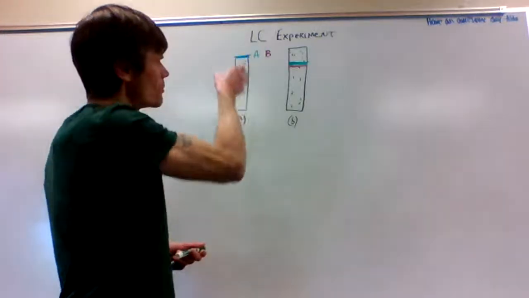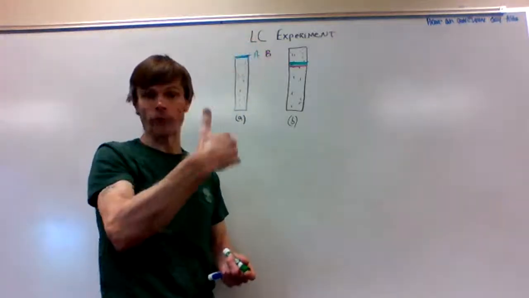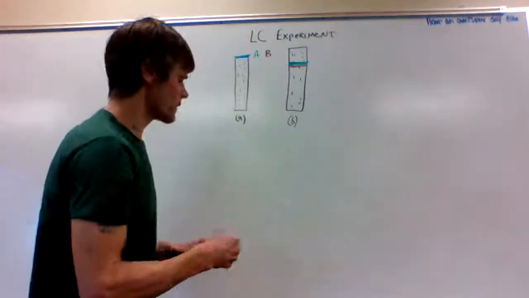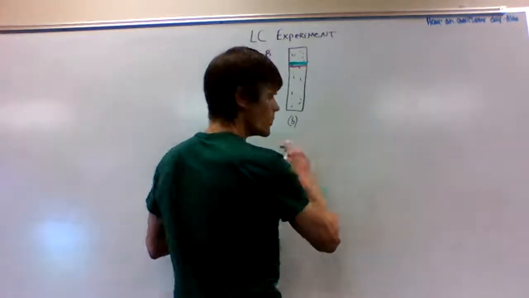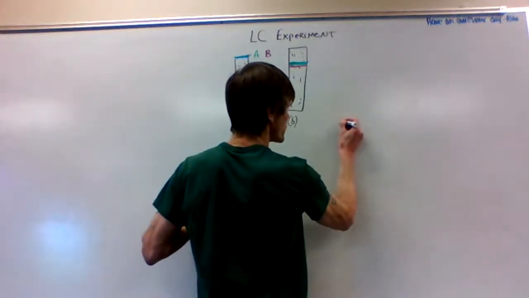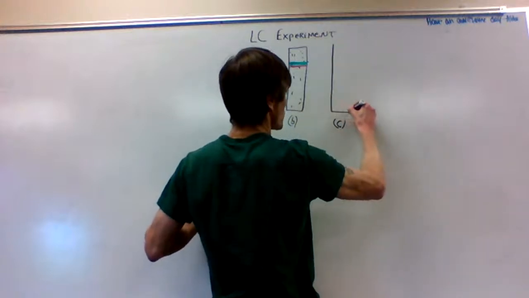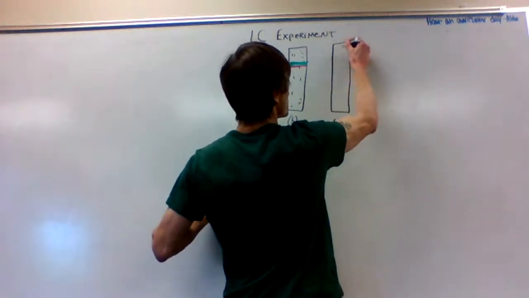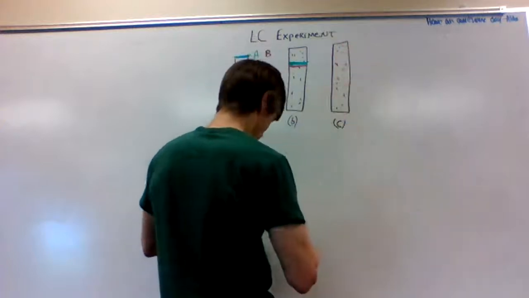And as we flow more fresh eluent, more fresh mobile phase over here, at a later time, we'll move forward to C. We'll see that these bands start to spread out even more.